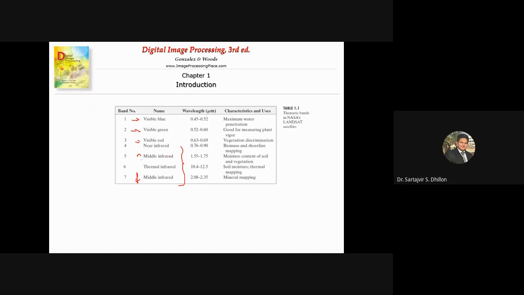What kind of information can we get from the near infrared, the thermal infrared and the middle infrared? Please note that these are the applications and these are the wavelengths where this image is required.